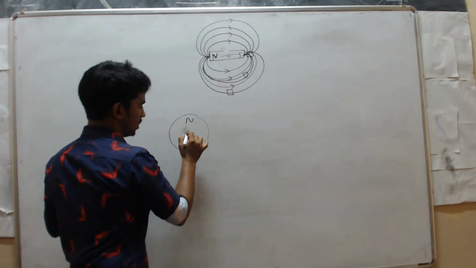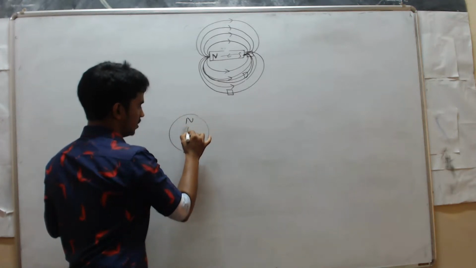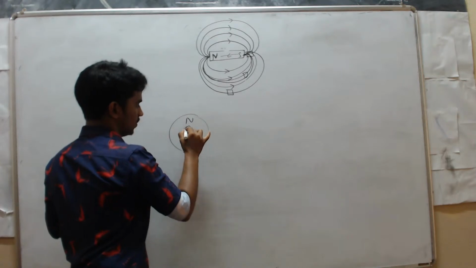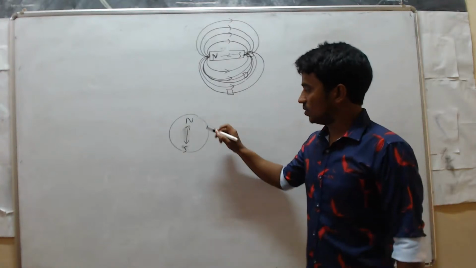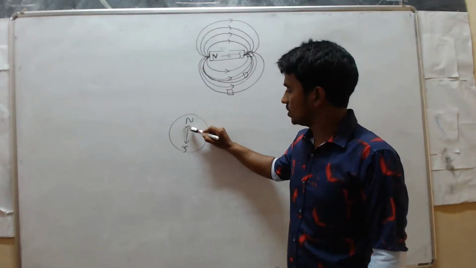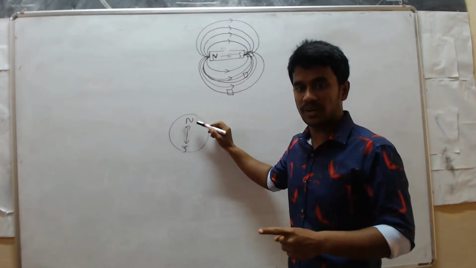We use a compass for direction purposes. Just imagine, that compass is made up of a needle. Now it can show only one direction at a time, north or south, whatever it is.